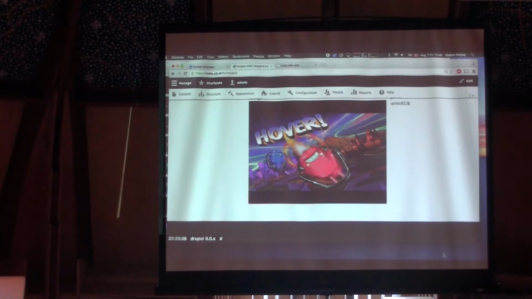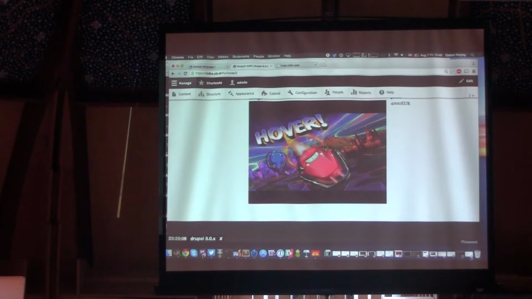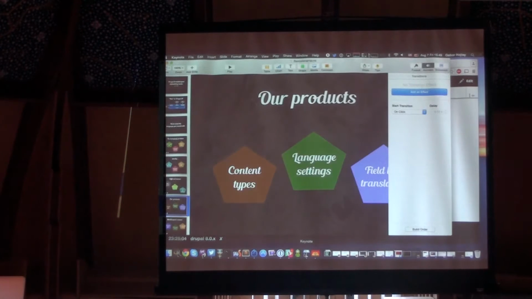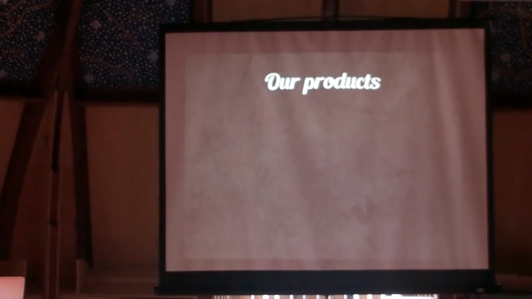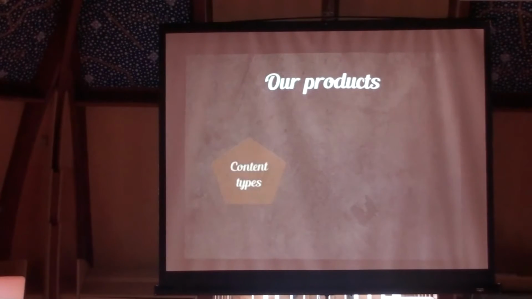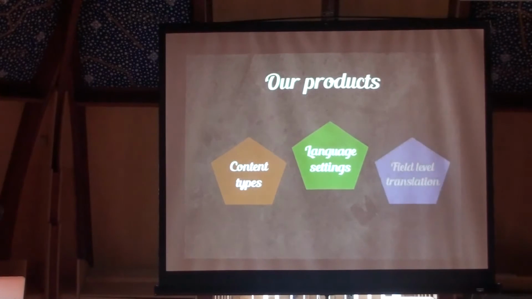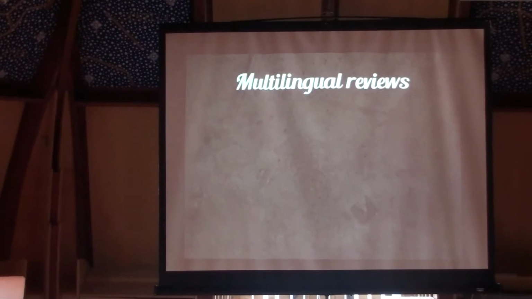And now let's take reviews in multiple languages. So the trick around reviews is you want to take a rating with your reviews, and you want to maintain language information on your reviews. And you want to make it with Drupal core only.